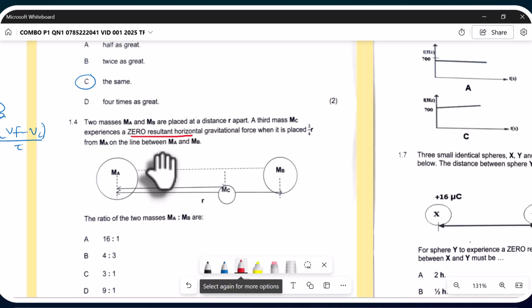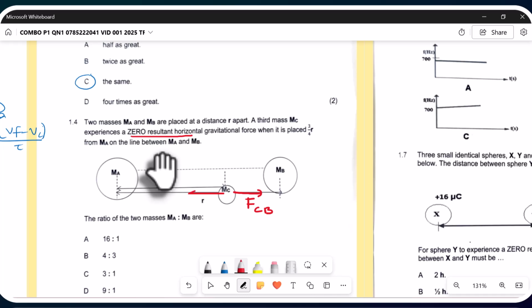Mass C is experiencing zero horizontal gravitational force because the force of gravity of attraction on C by B is equal to the gravitational force of attraction on C by A. So we are looking for the masses.